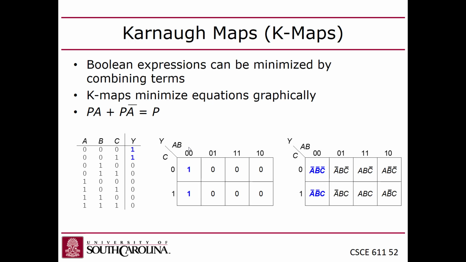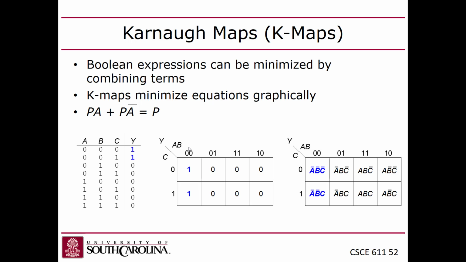If this were a 4-input instead of a 3-input Karnaugh map, the rows would be labeled the same way. You guys with me? These are called Gray codes. The idea being that we only want to change the value of one input as you cross one row or cross one column, right?